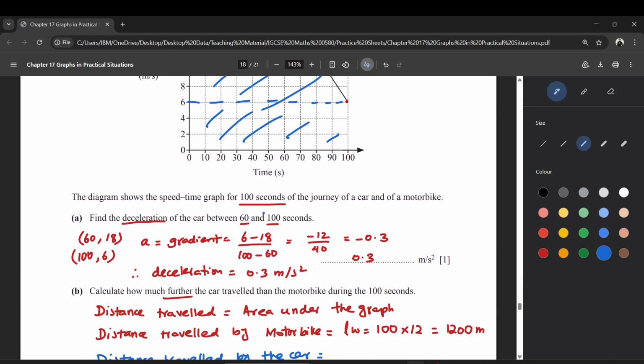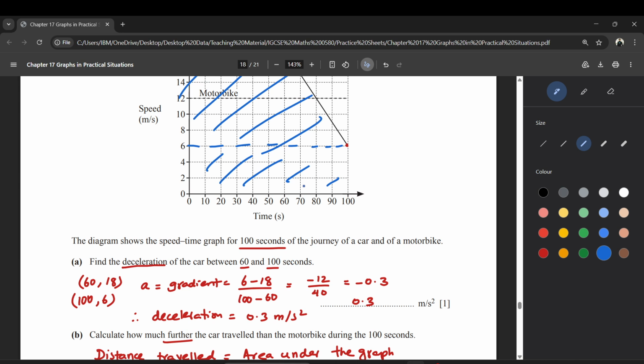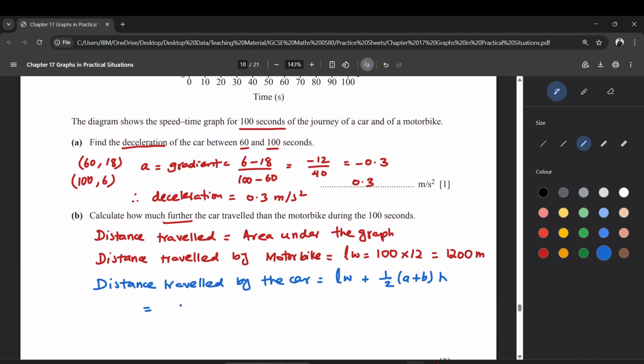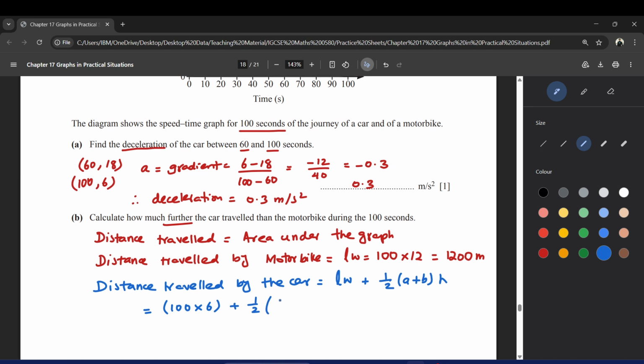So here we can say distance traveled by the car is equal to length into width plus half into sum of parallel sides multiplied by height. This is the area of trapezium. So length times width, that would be 100 multiplied by 6, plus half times.